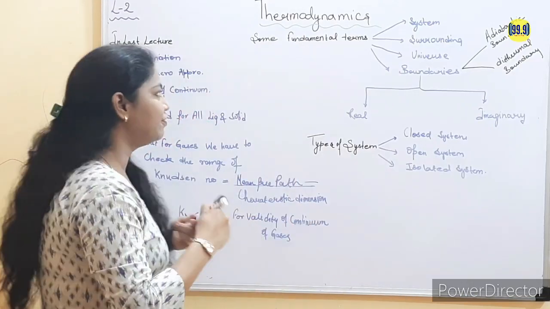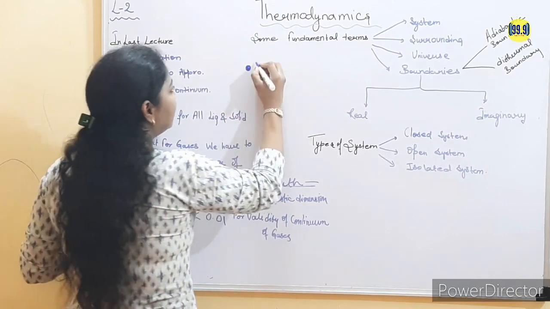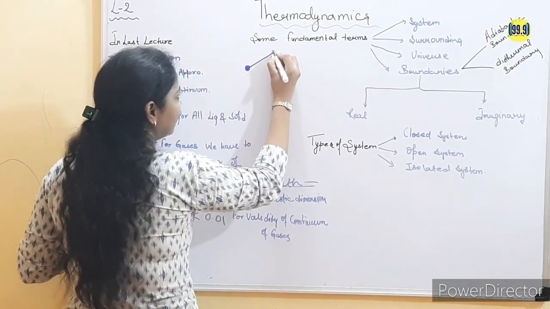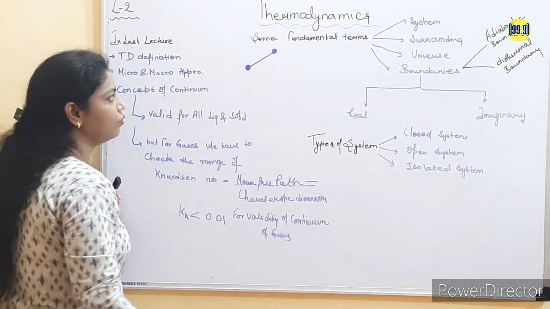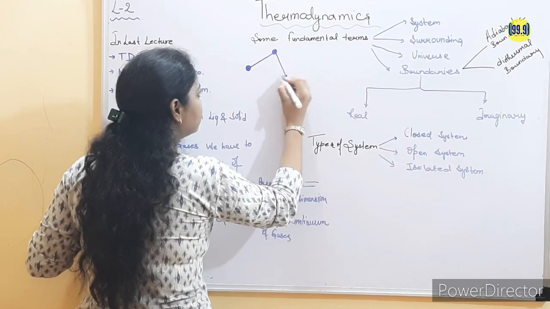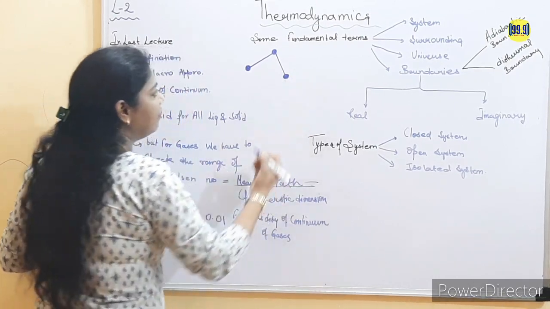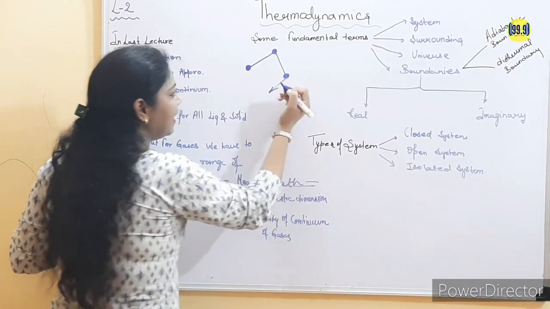For example, a molecule moves in one direction and collides with another molecule, then moves in a third direction, where it again collides with another molecule, and then it moves in another direction.